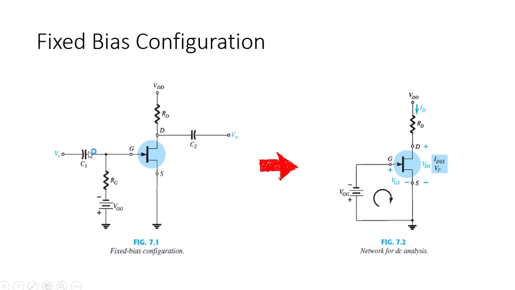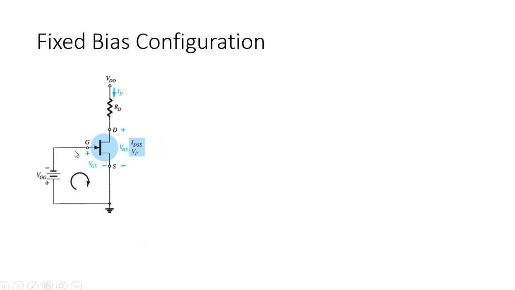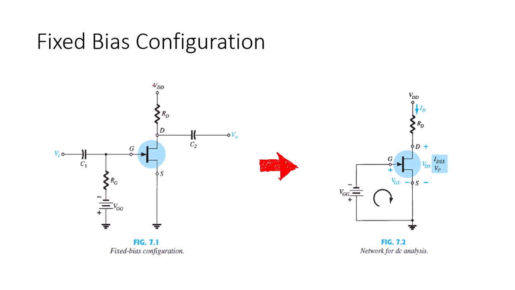In the DC analysis of transistors, C1 and C2 will become open, and the low impedances for the AC analysis, so for AC analysis, these capacitors will become short circuits.